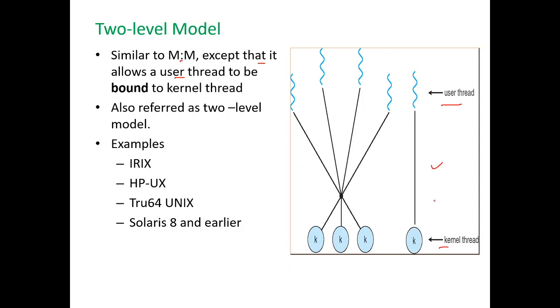So this is the variation, and due to this variation, it is also referred to as a two-level model. Some examples of these are IRIX, HP-UX, Tru64 Unix, and Solaris 8 and earlier. So this is all about the different multi-threading models related to systems.